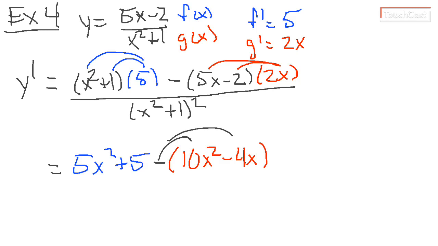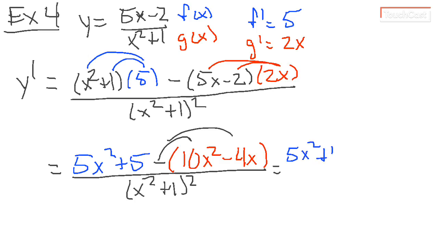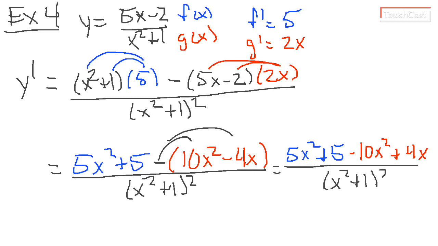But before I do that, I'm just going to write our x squared plus 1 quantity squared in our denominator. So we're going to have in our numerator now 5x squared plus 5, and if we distribute the minus, we're going to have minus 10x squared plus 4x. And that's all over x squared plus 1 squared. And we'll take care of the denominator once we clean the numerator up.